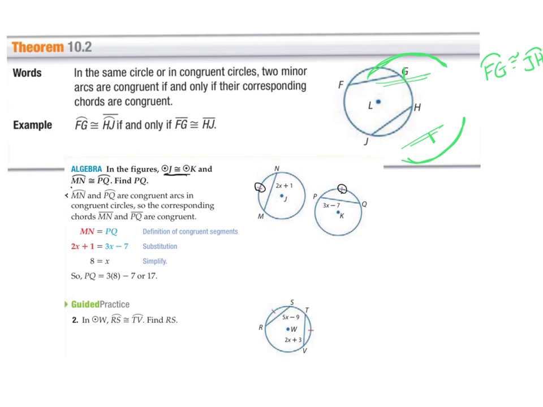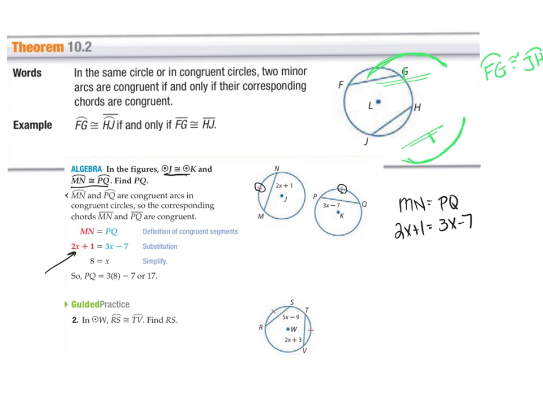Not only do they tell us that over here in the directions, but they've shown it to us in our drawing. If those arcs are congruent, then that means that the lengths of the segments MN and PQ have to be the same length. And if they're the same length, then I set the algebraic phrases that stand for their measure equal to each other.